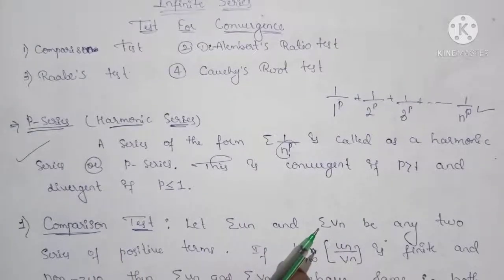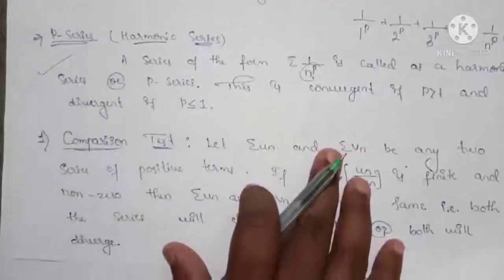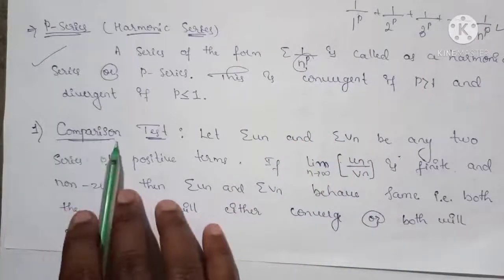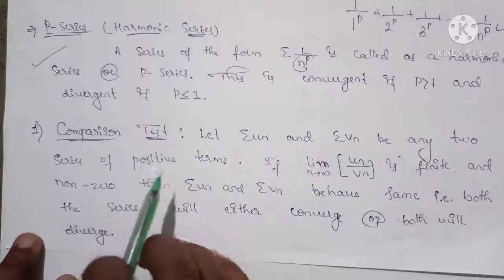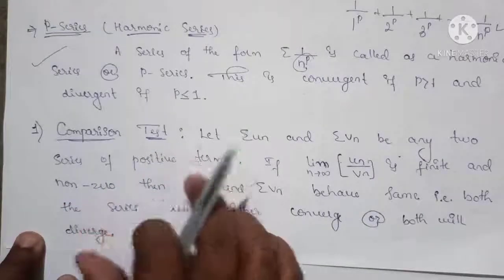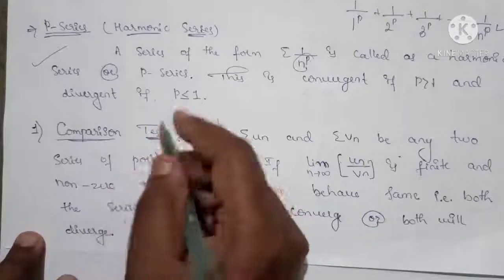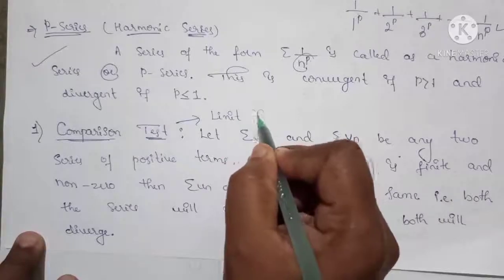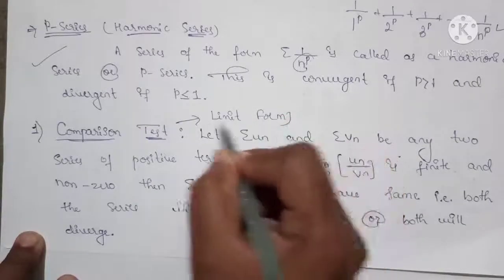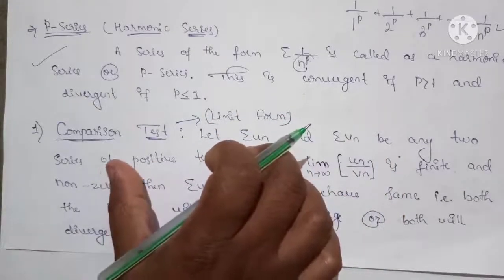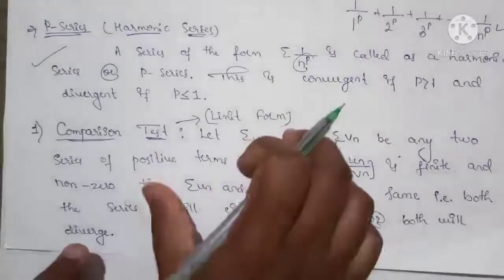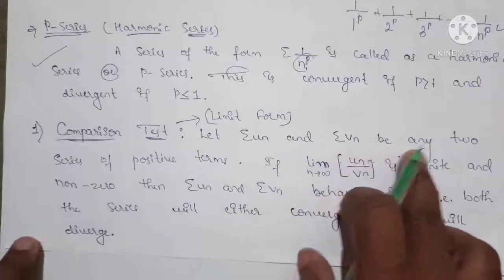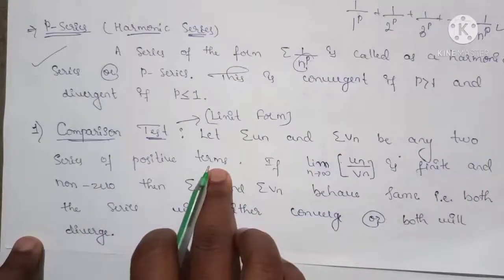Okay, so now we start the tests for convergence of series. First one, the comparison test. In this we have different forms, but we use only the limit form here. This test states that let summation un and summation vn be any two series of positive terms.